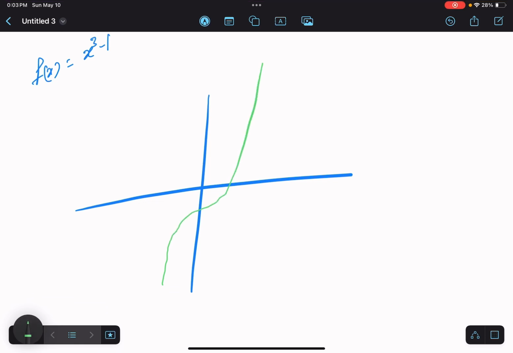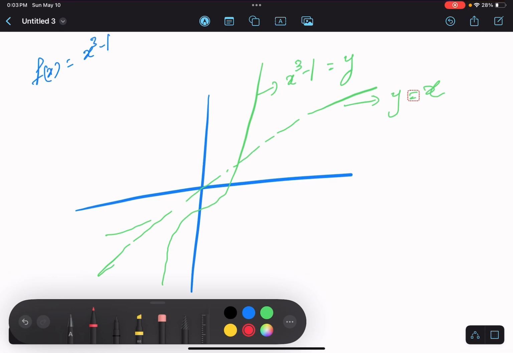This is the graph of y equals x cube minus 1, and this is the graph of y is equal to x. Now for inverse functions, the graph will be symmetric to it. The graph will be something like this.